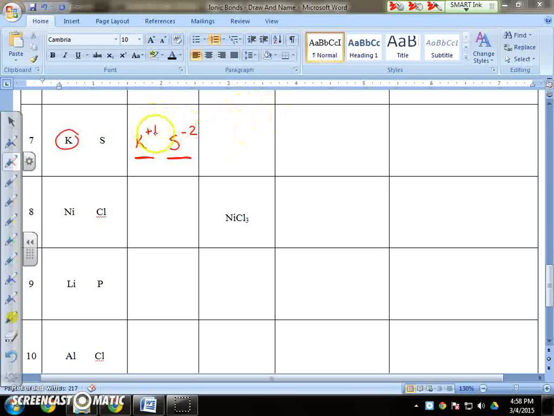I know my formula. All I'm doing is crisscrossing. The 1 happens to come down here, the 2 comes down here, and I end up with K2S.